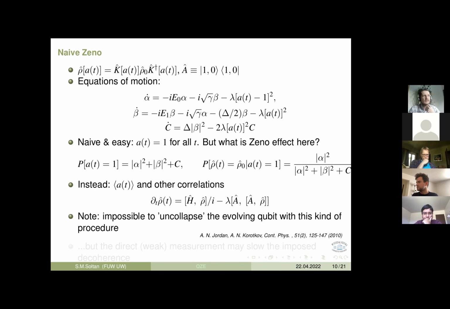One observation that one should make immediately is that the state of the system, before the projective measurement, would definitely not be in its initial state.